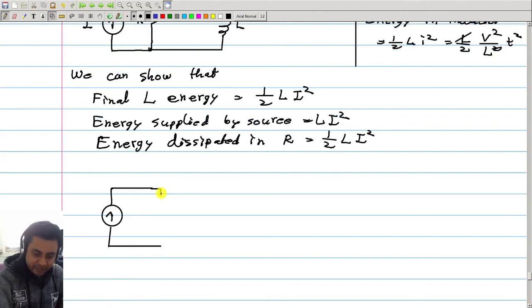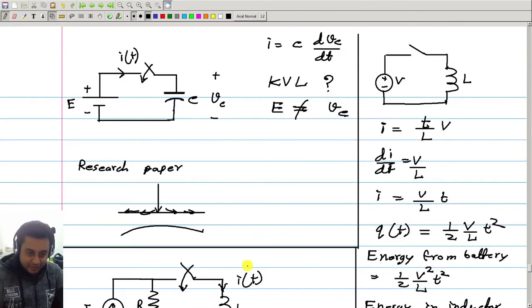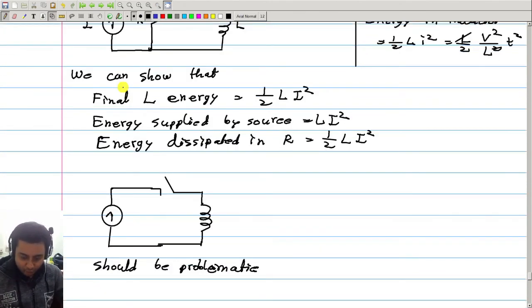So we will be in this situation here. Now definitely let us see whether we still get some problem or not. This should be problematic, because the analogous situation here was problematic. Now let us see what could be the problem. I don't know. Let me check.